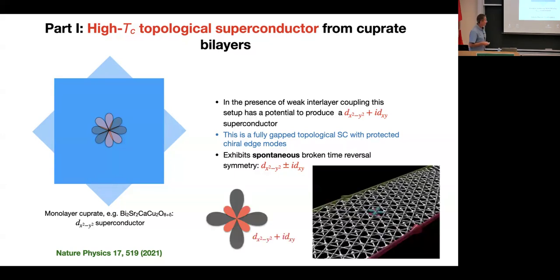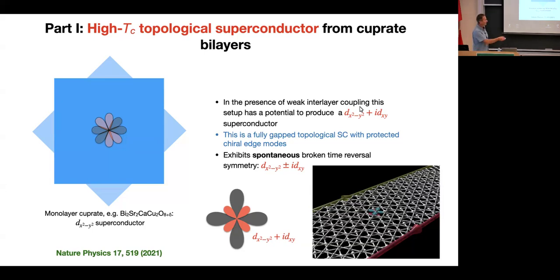So what's interesting about this, and why I mentioned it's an exotic superconductor, is that its properties have been studied theoretically before, although there's never been an example in actual experimental physics of this. It is known that it's a fully gapped superconductor in the bulk, but it's topological.